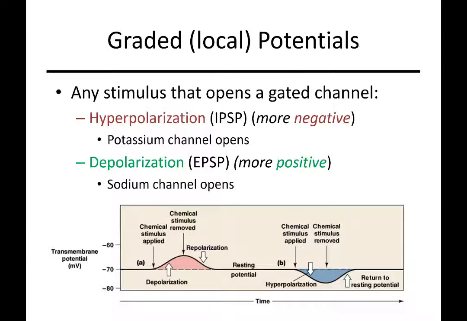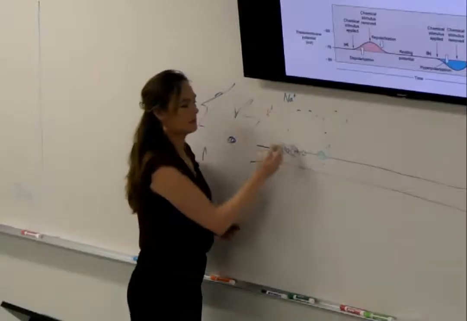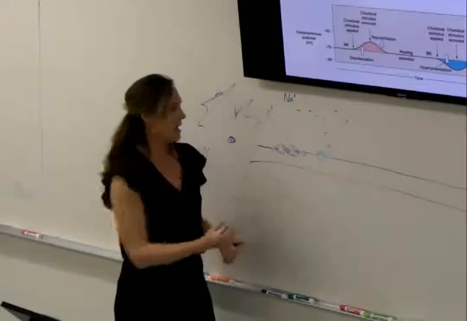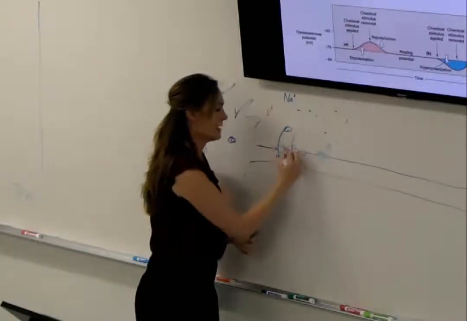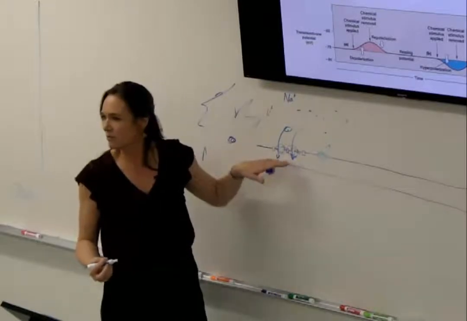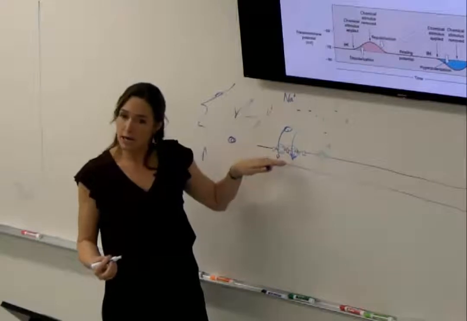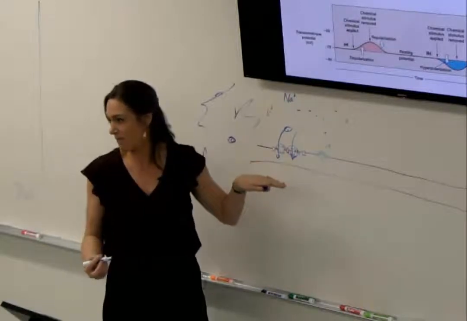A graded potential, this is like a blip on our voltage meter. What if something happened in a cell where we opened up some sodium channels and a little bit of sodium made its way in? How would that make the inside of our cell? Is it going to make it more positive, more negative, or the same?